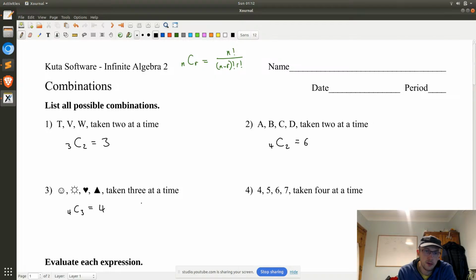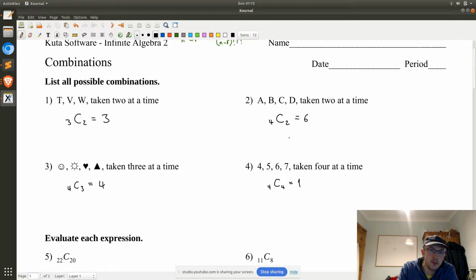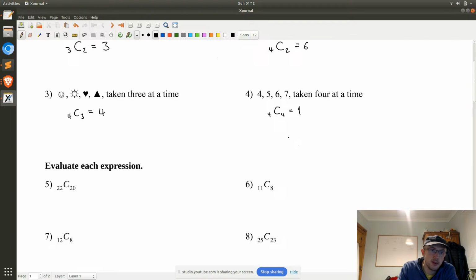And therefore it's 4. And this is 4 choose 4. And the only way to do that is 1. Yeah, I'm not listing all the permutations, I'm just counting them. So 3, 6, 4, and okay. And there's not a canonical way to list them anyway.